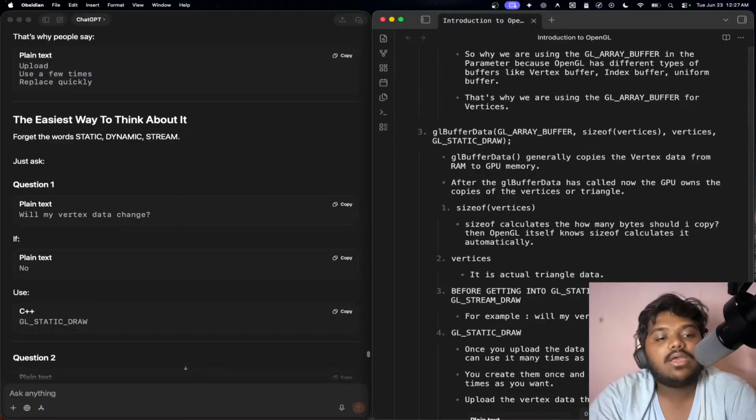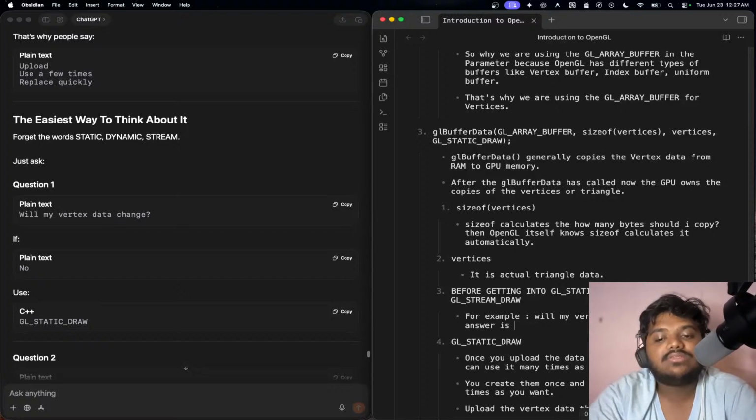If the answer is no, then OpenGL uses the GL static draw.